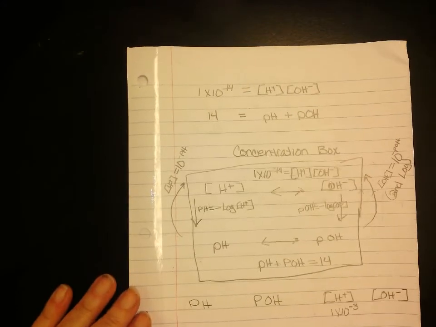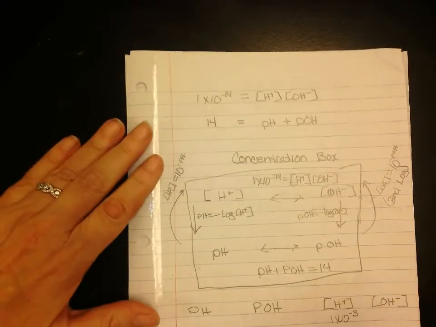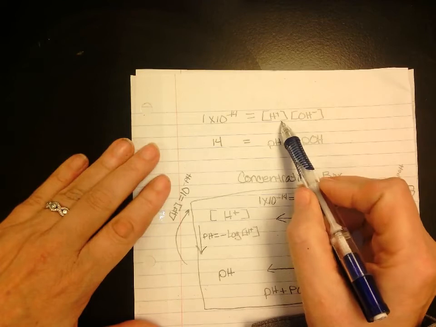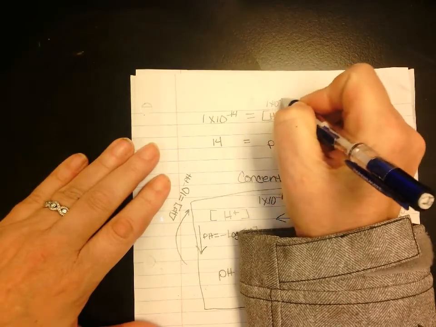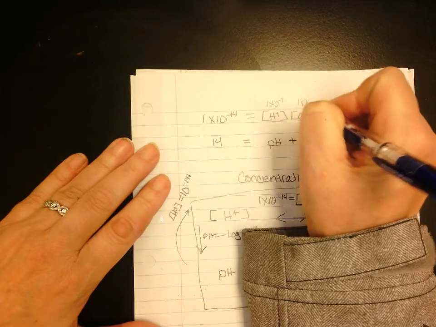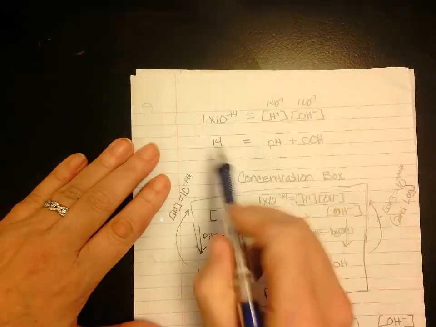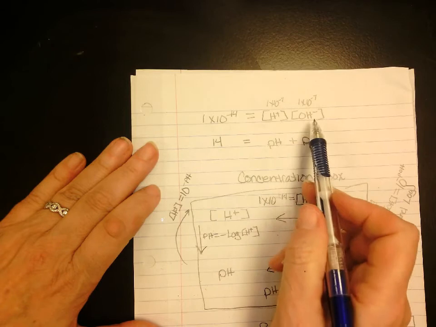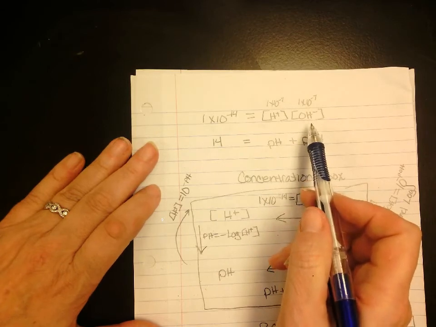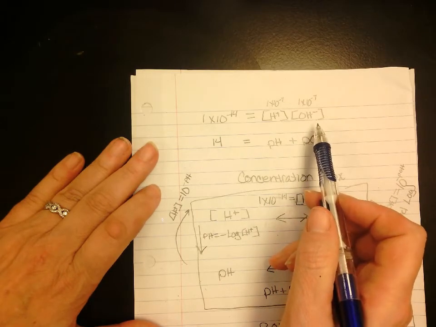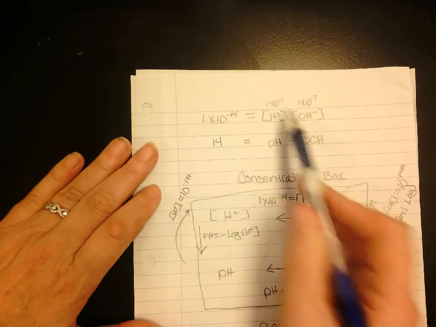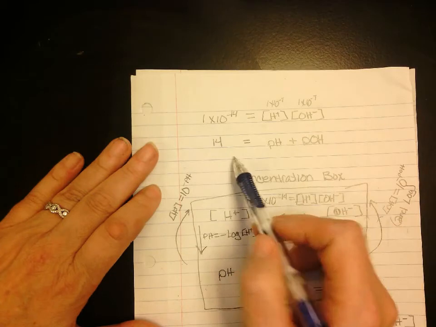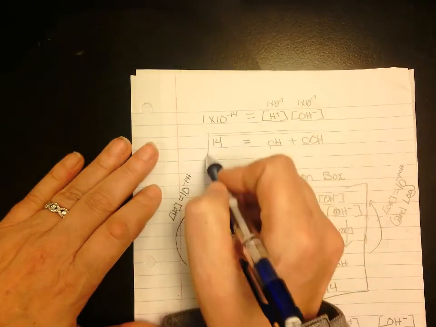So basically, if this and this is 1 times 10 to the negative 7th, to make that perfectly neutral 1 times 10 to the negative 14th water, and I turn it into my pH and pOH, I can do pH, which is 7, and pOH, which is 7, equals 14. So here is our second formula.